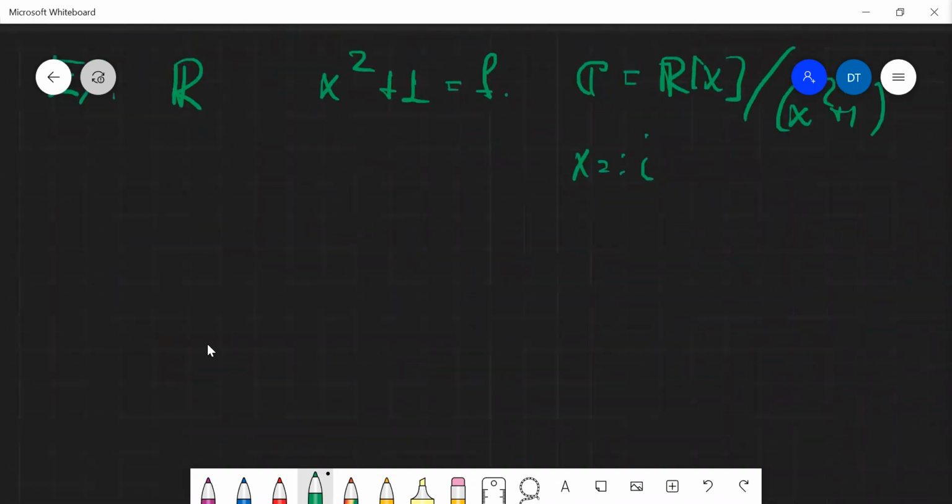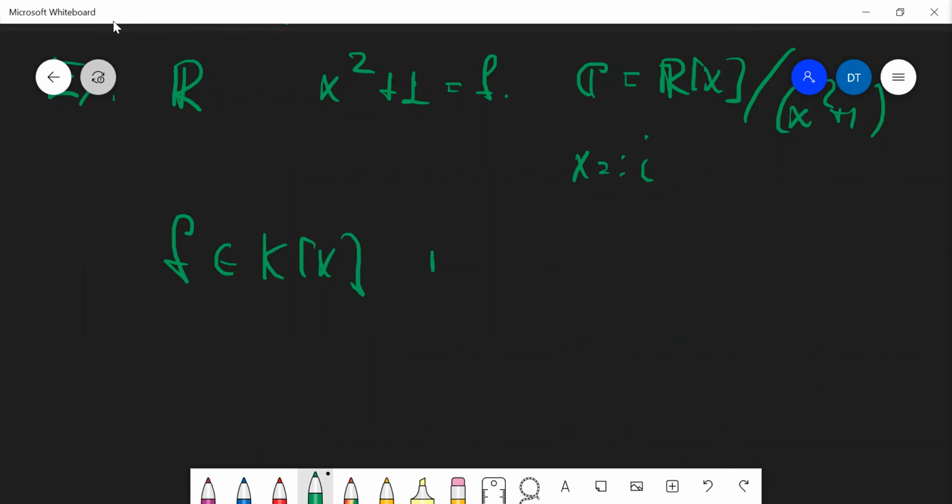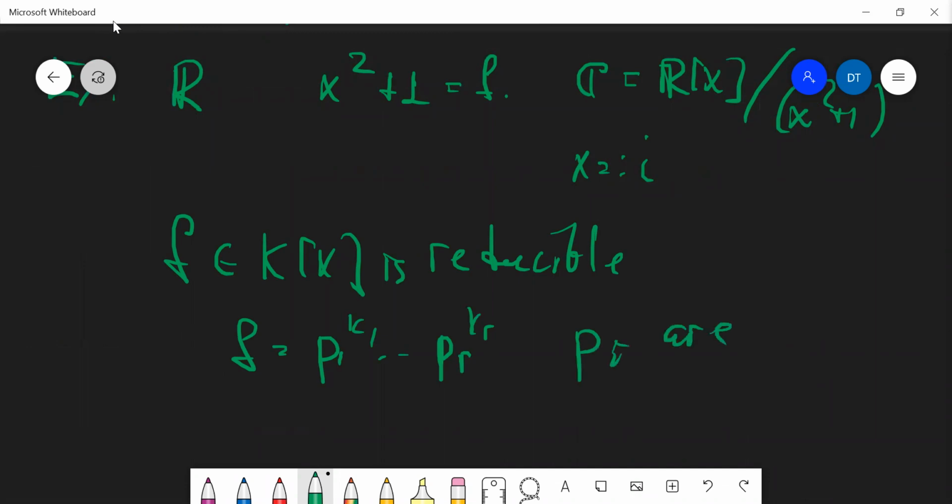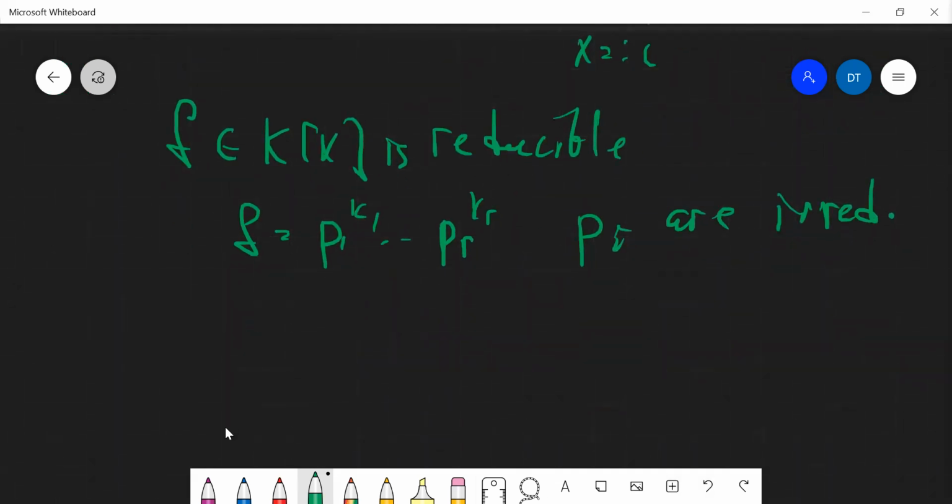And if you have a reducible polynomial F, then you can decompose it into a product of irreducible polynomials, and then you may produce a field where, let's say, P1 has a root, something like L, which is K of X over P1.